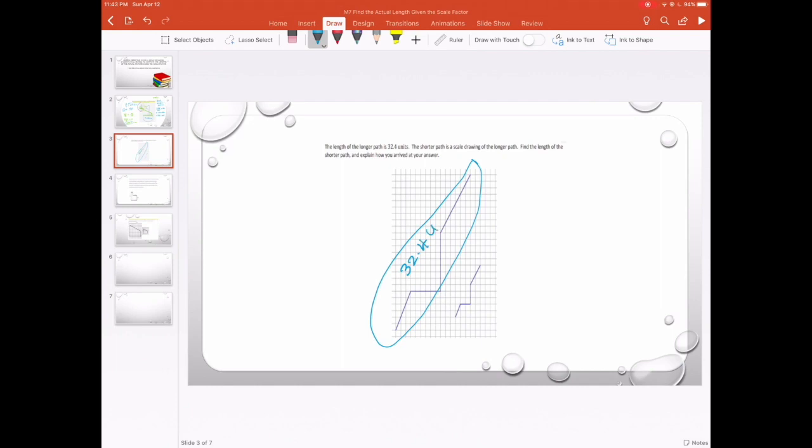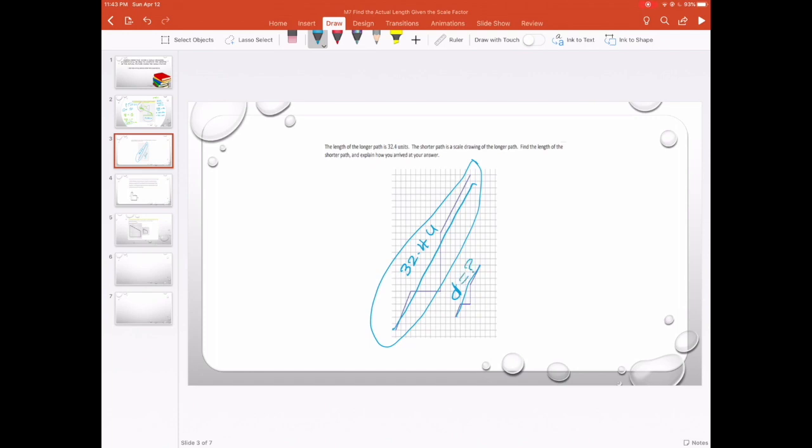The shorter path is a scale drawing of the longer path. Find the length of the shorter path and explain how you arrived at your answer. So they're asking us to find the length of this. If this is 32 and 4/10, we want to know what this is. Let's call this d, lowercase d.